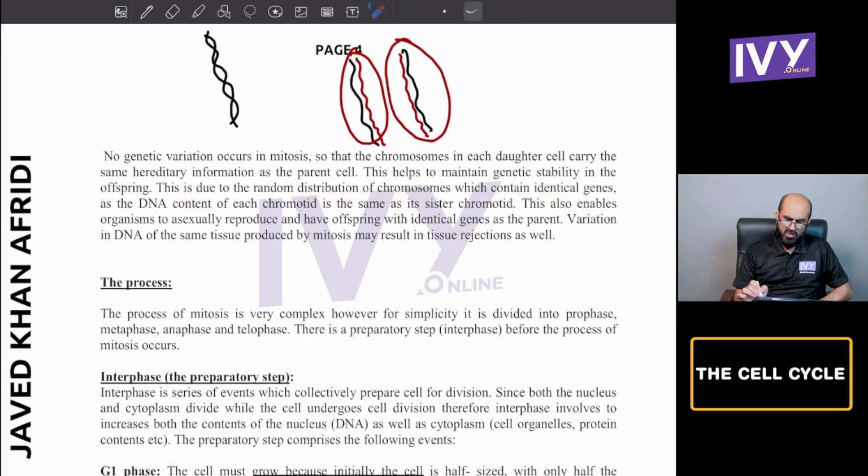This also enables an organism to reproduce asexually and have offspring with identical genes to the parent. So there are some organisms which are produced by mitosis, by asexual multiplication. They do not fuse male and female gametes, but just produce identical cells.